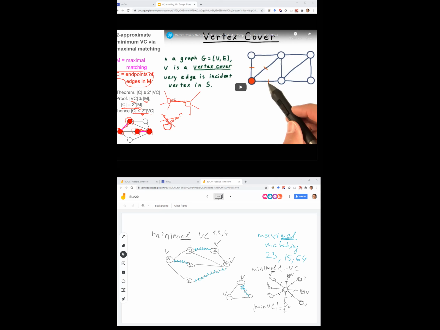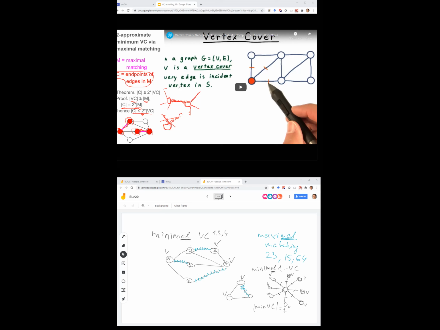But if you have an edge and to both of its endpoints you have no edge from the matching incident, then you can add this edge to your matching, and hence you didn't start from a maximal matching.